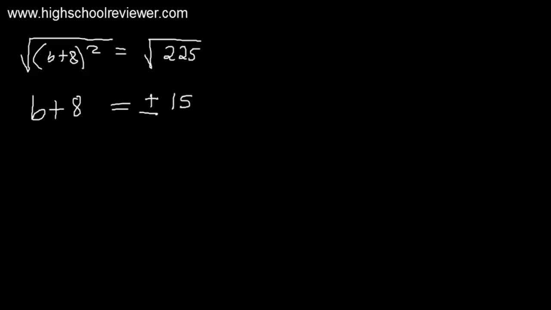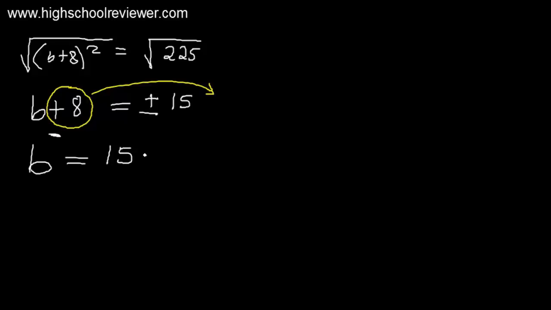So to solve for b, we need to transpose positive 8 to the other side. So we will have two values for b. Our first value for b will be, first we are going to use positive 15. Now if we transpose positive 8, it will change sign.